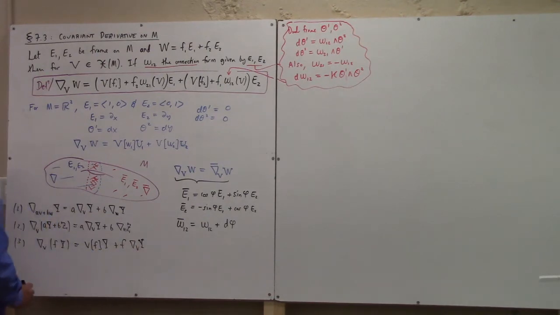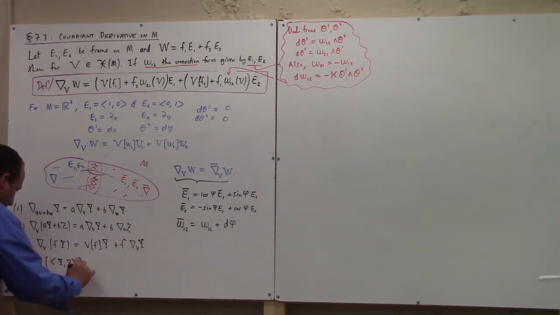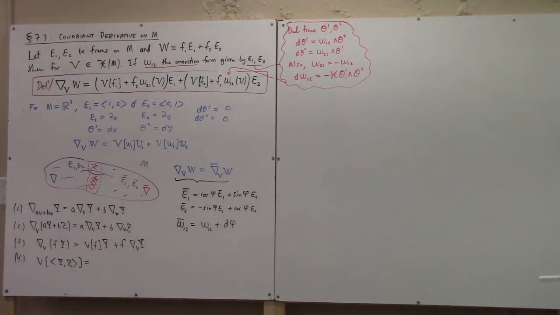There we go. And then 4, which I regret writing down here: V acting on the inner product of Y and Z equals the inner product of the covariant derivative of V on Y with Z, plus the inner product of Y with the covariant derivative of V in the Z direction. And remember, this is this newfangled inner product, which could be a really interesting, funky metric on the surface. It doesn't have to be the dot product here.